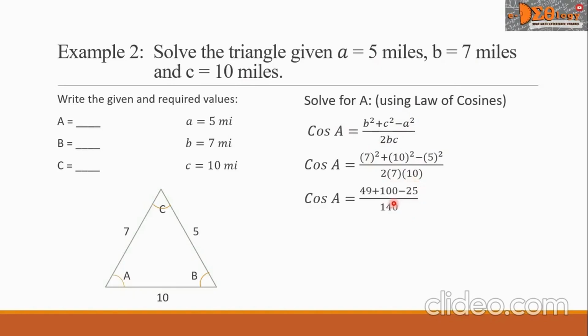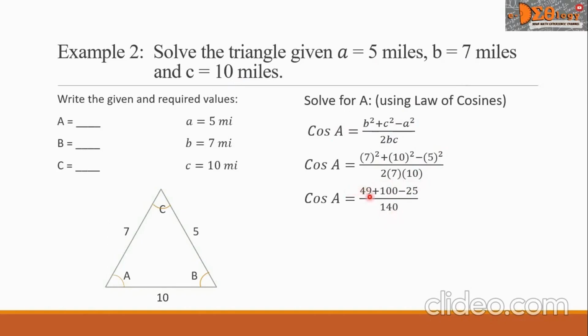Simplifying further, the 7 square is 49, 10 square is 100, 5 square is 25. In the denominator, 2 times 7 times 10 equals 140.